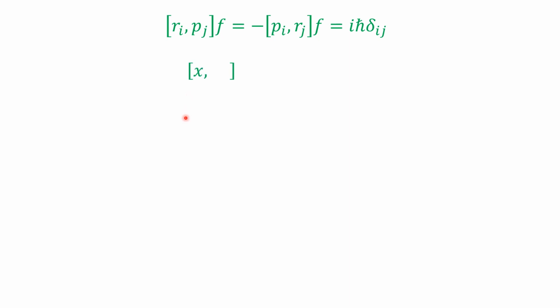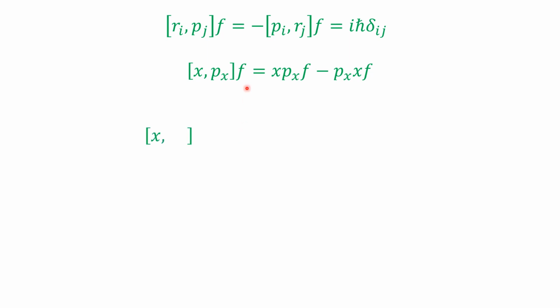That is, the commutation of x with px, which acts on any arbitrary function, is equal to x px f minus px x f. So now you replace this p with its operator.